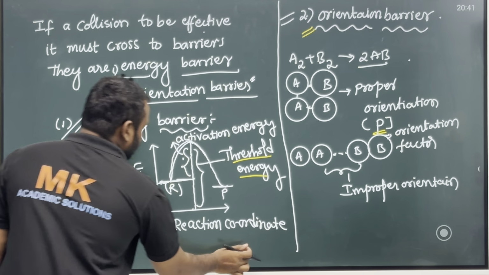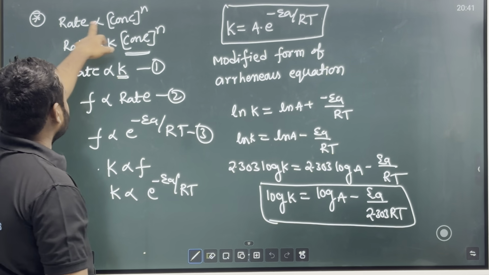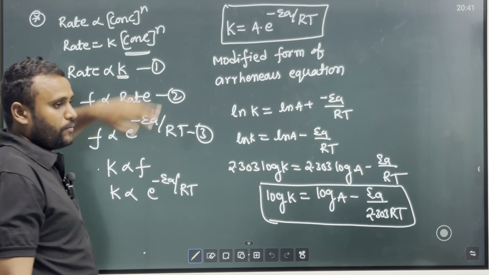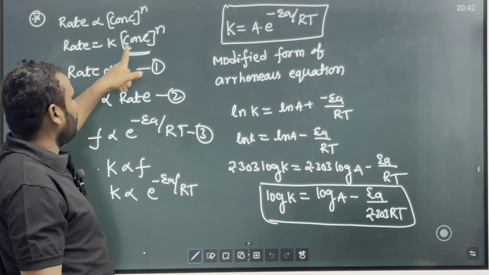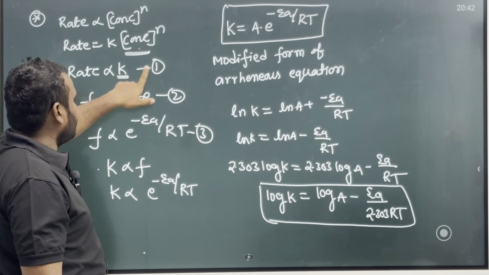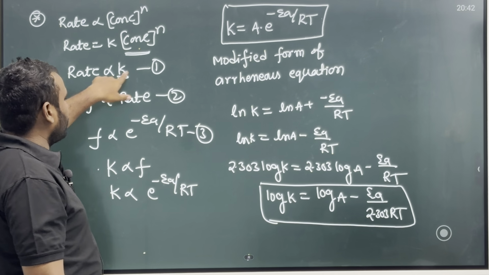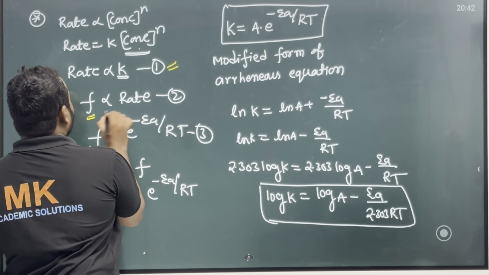Now, rate is directly proportional to concentration to the power n. We know from the rate law that rate is equal to K into concentration to the power n. Here you take the concentration value as constant, so rate is directly proportional to K. And F is directly proportional to rate.